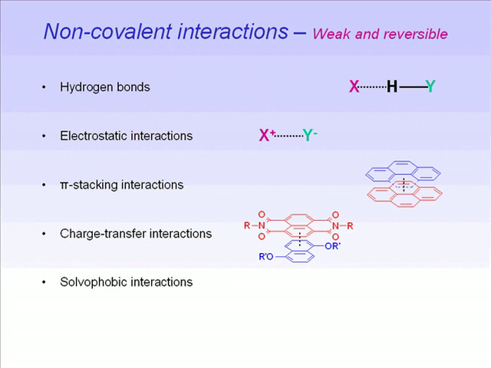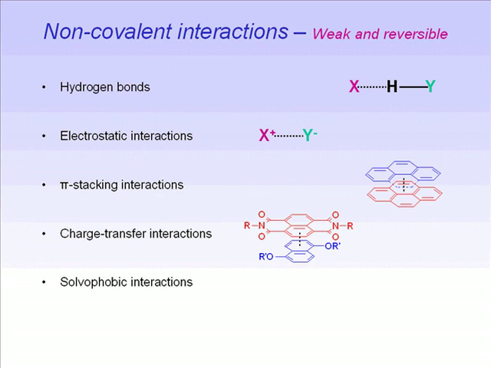Now, in contrast to covalent interactions, non-covalent interactions are relatively weak, and importantly, they are also reversible. Now, among the whole range of non-covalent interactions that chemistry utilizes, hydrogen bond is one of them, which of course most of you recognize.